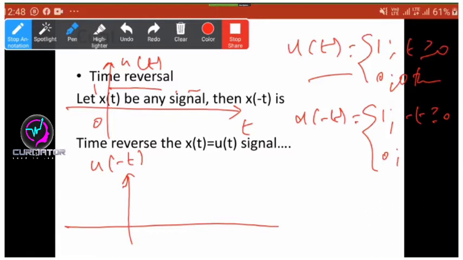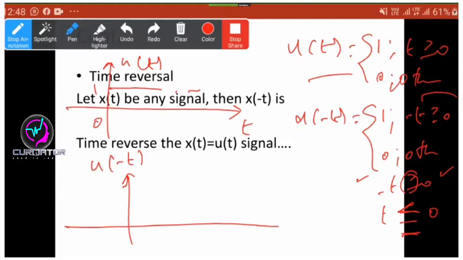Minus t greater than or equal to 0 will become t less than or equal to 0, because when we multiply by minus on both sides, the symbol in between should be altered. If it is greater than or equal to, we should alter it to less than or equal to. So I multiplied by minus 1 on both sides and simultaneously changed the symbol to less than or equal to.